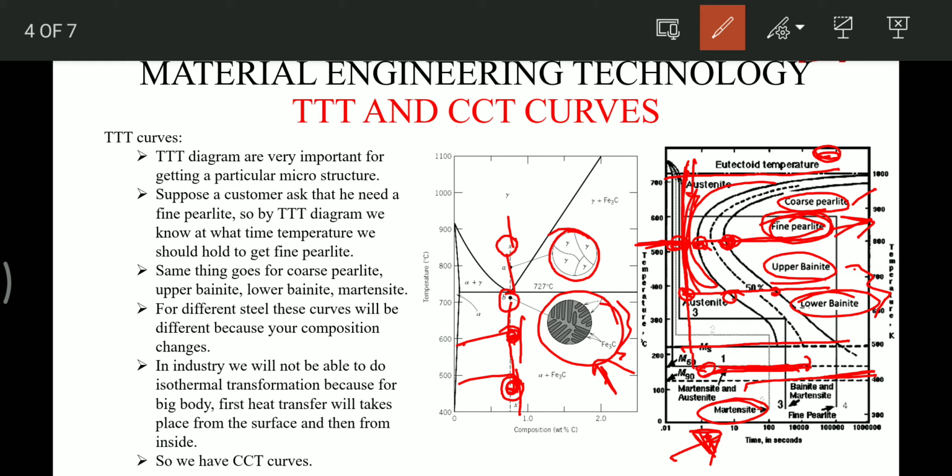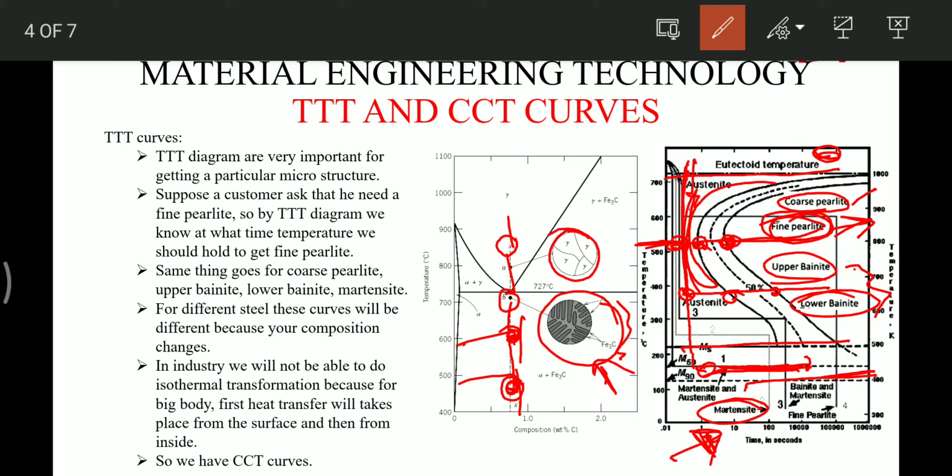Now, why do we have CCT curves? These TTT curves are for transformations taking place at isothermal temperature, that is, at constant temperature. But in real life this is not possible. In industry the structures which are used will be of bigger size, so the heat transfer rate at the surface and at the core of the steel will be different.